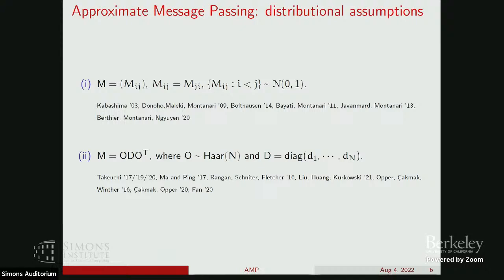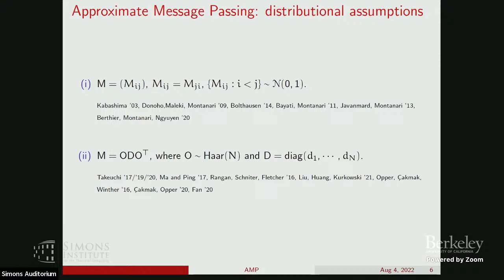There have been extensions beyond the IID Gaussian setting. One way you can generalize the Gaussian setting is to say, if you give me a symmetric Gaussian matrix and I look at its spectral decomposition, then I can write it as O D O transpose. It's not too hard to see that in this case the matrix O has a Haar distribution, so it's uniformly distributed on the set of orthogonal matrices, and D has some empirical convergence.